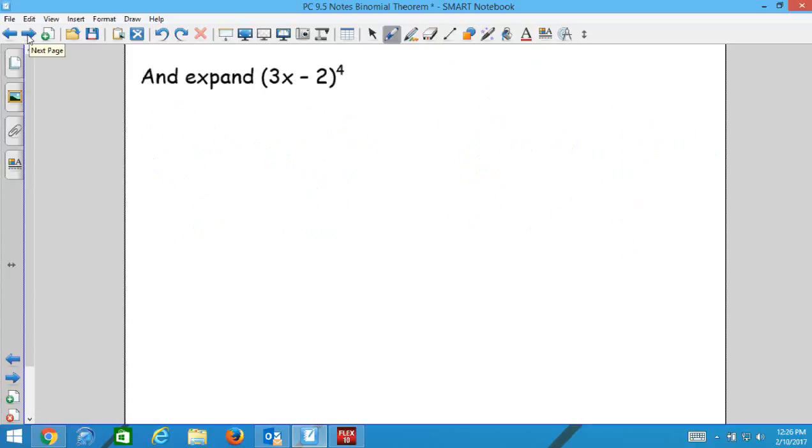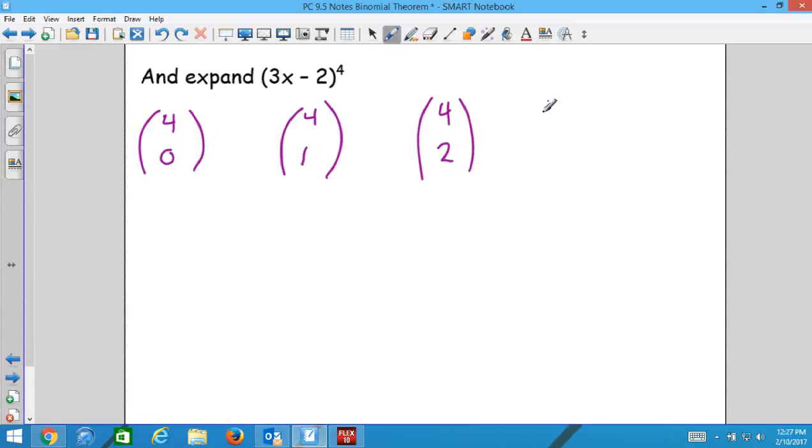So if you're going to expand this one out, we don't necessarily need to find the full answer. Let's go through how you would write it with combinations. What would the first one look like? 4 choose 0. Then we would have 4 choose 1. 4 choose 2. 4 choose 3.